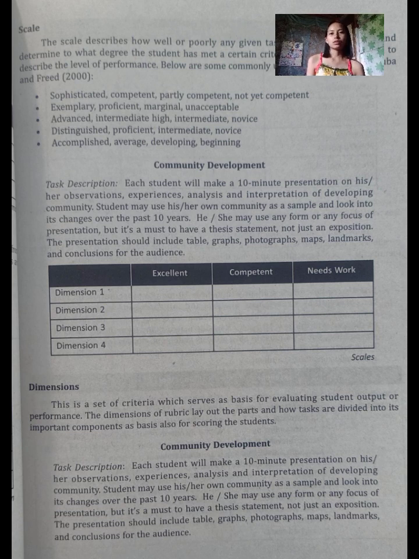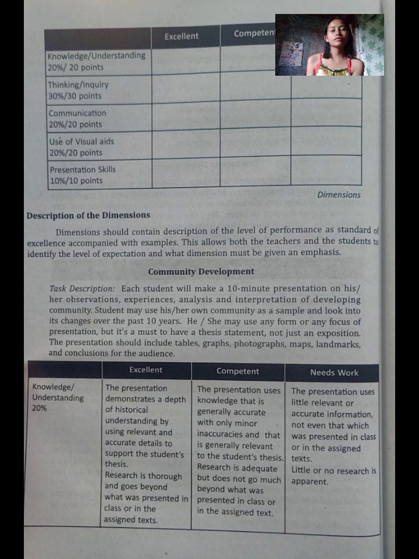Next, we have dimensions. Dimensions are a set of criteria which serve as a basis for evaluating students' output or performance. The dimensions of a rubric lay out the parts and how tasks are divided into their important components as a basis for scoring the students. And next, we have the description of dimensions.